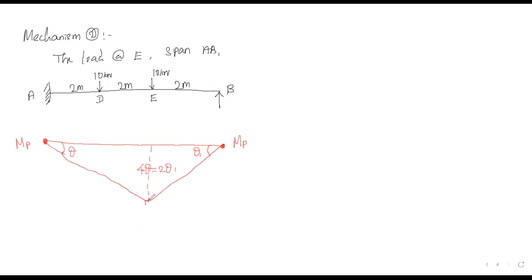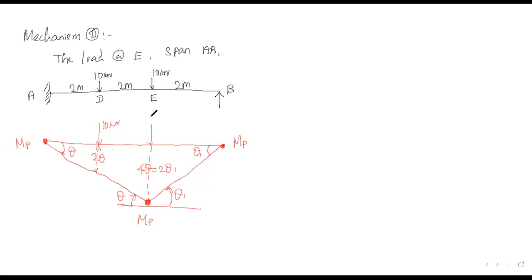So under the load, I can have one plastic hinge. So it becomes theta and theta 1. So here also MP. Now under the load D, the deflection is 2 into theta.